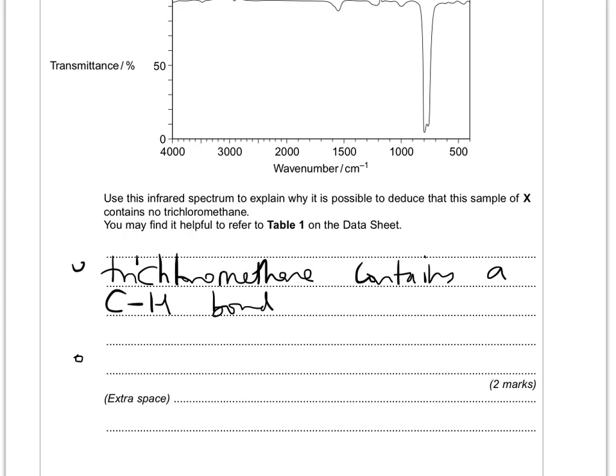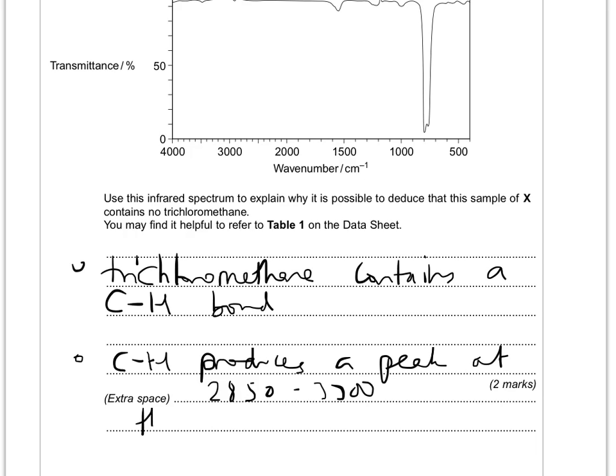Second mark, CH produces a peak at, I think it's 2850 to 3300, and this is missing from the spectrum, and therefore the sample can't contain any trichloromethane because there are no CH bonds in the sample. But that's what will get you the 2 marks for that question.